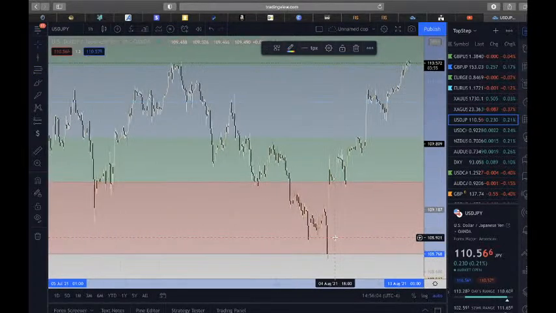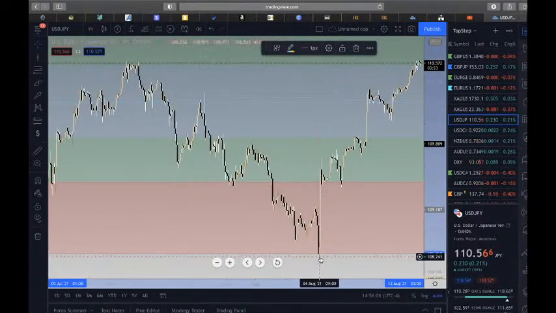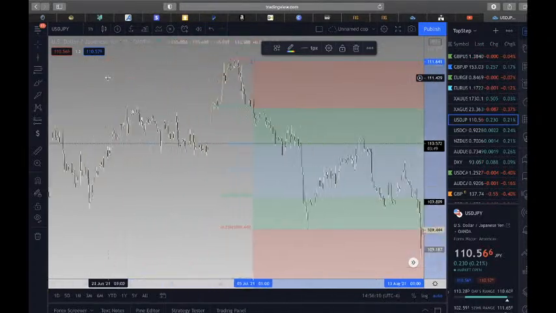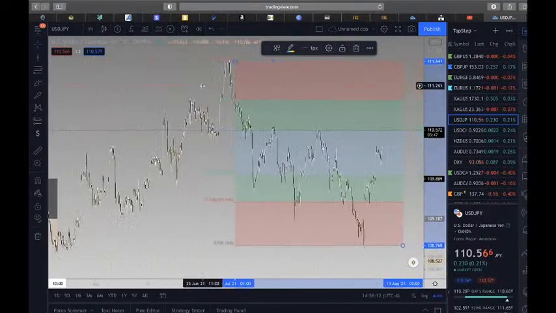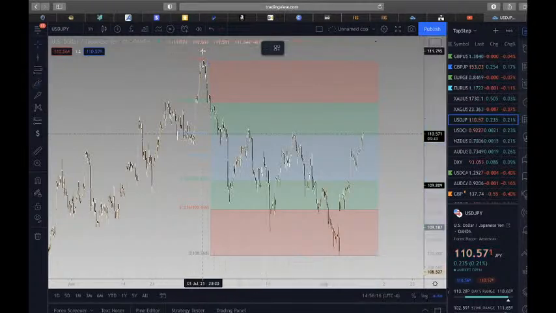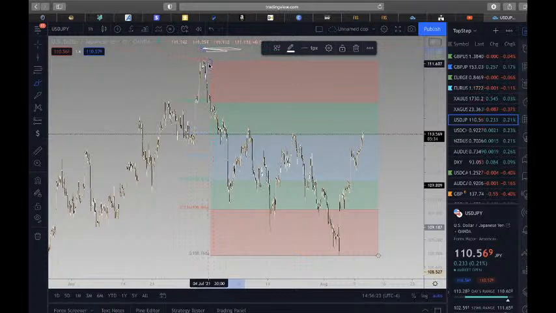But the reason I draw it to the bodies and don't care about these little wicks here and here is because wicks can close all the way up here, and I don't care about that zone because buyers weren't able to maintain it. Sellers put the pressure back on to close it down here, and the reason we care about where it closed is because everything is pretty much based off of the close price. Every indicator is based off of that.